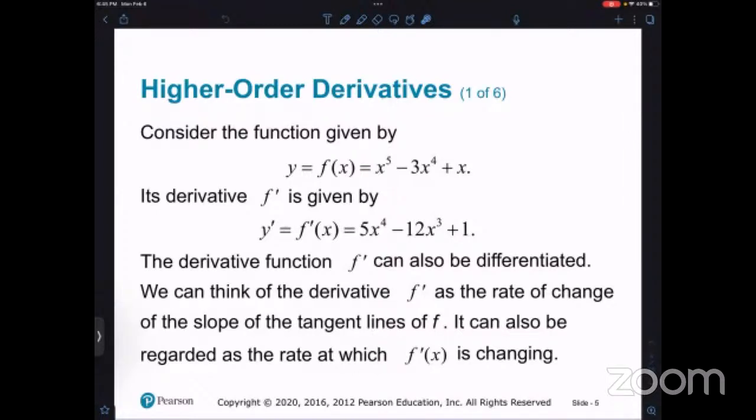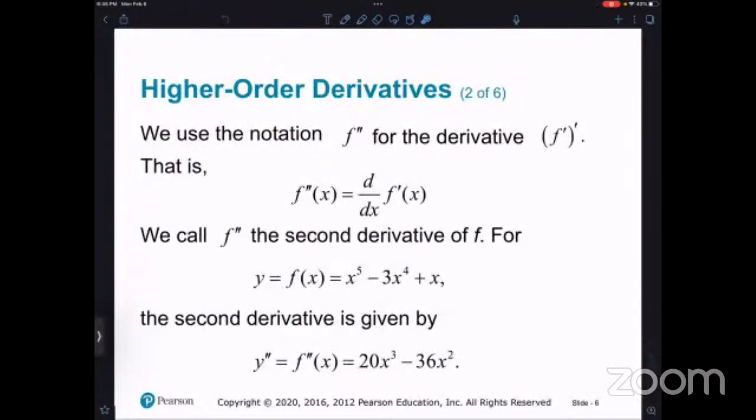The main thing here was that it is possible for us to take the derivative of the derivative. So we use this notation, double prime, for the derivative of the derivative. So f double prime just means the derivative of the derivative, d by dx of f prime.